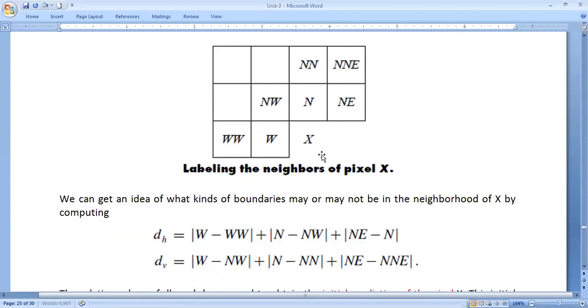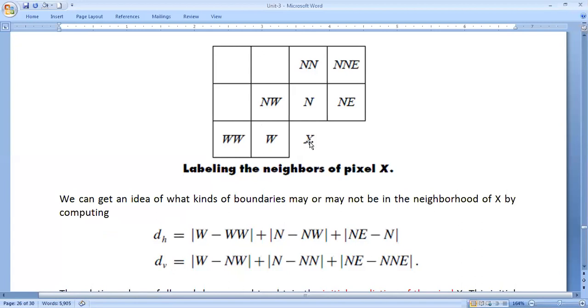So the horizontal value, the DH value, meaning the horizontal value with respect to X, can be calculated by the mod value of W minus WW. First, in relation to X, we have to compute the horizontal values. So this one is the horizontal, and in relation to X this one is the vertical. So DH means we calculate the horizontal values. How do we calculate the DH value?